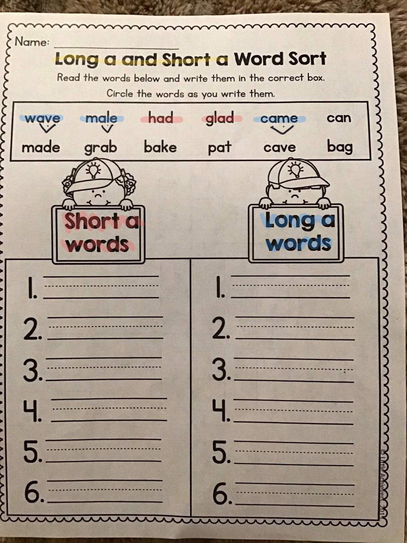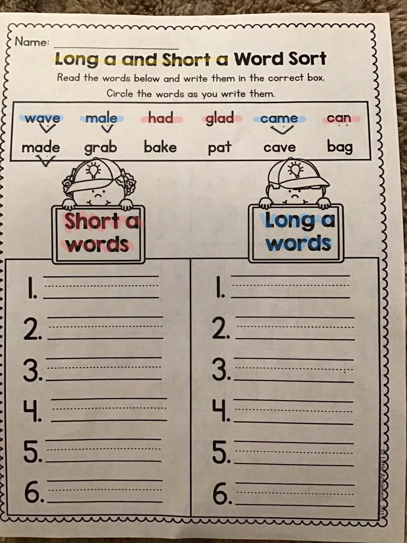Our next word does not have an E. I see one vowel and one consonant, but no E at the end. So that lets me know the A is going to say a, c, a, n, can. Next line, I can see my pattern. One vowel, one consonant with a silent E at the end.